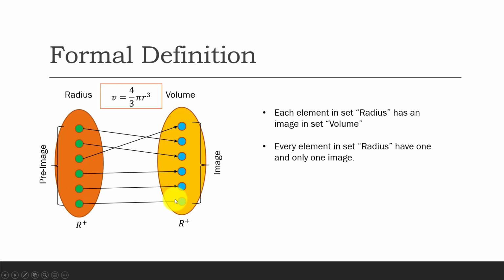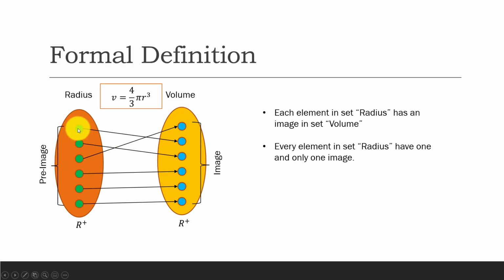The second thing, which is the important one, is that every element in the set radius has one and exactly only one image. As I told you, two different numbers will never have the same cube value, so for these two the volumes will also be different. Okay, so this is very much important.